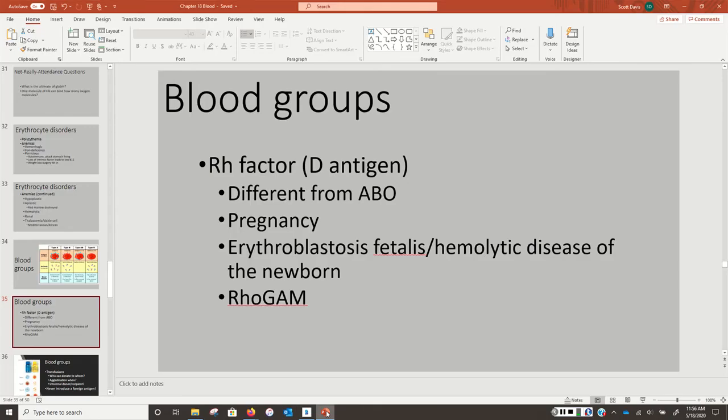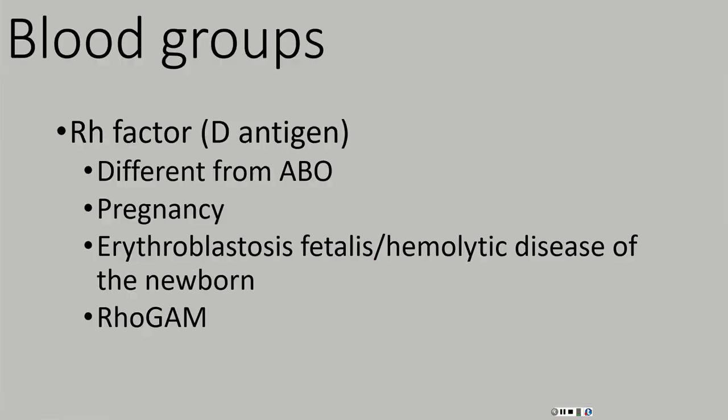So when an Rh negative mother has had an Rh positive child, the first child's not at risk, but the second child and every child after that, if they are Rh positive, they're at risk for what we just saw. And that's called erythroblastosis fetalis, or hemolytic disease of the newborn. Those phrases are interchangeable.